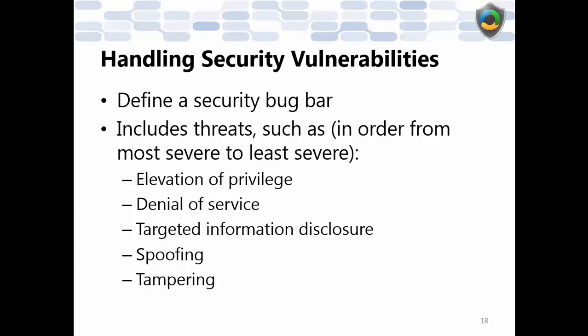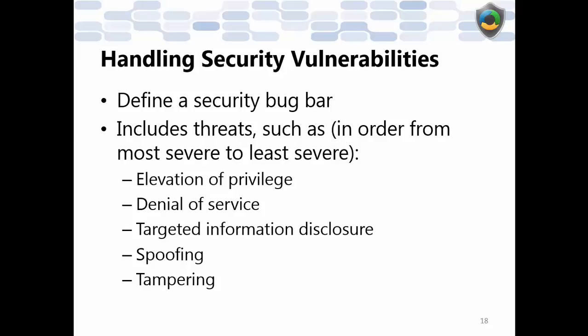Elevation of privilege refers to the ability of a malicious user to execute arbitrary code to obtain more access privileges than he, she, or they were intended. Denial of service is the ability of a malicious user to deny legitimate users access to the app.